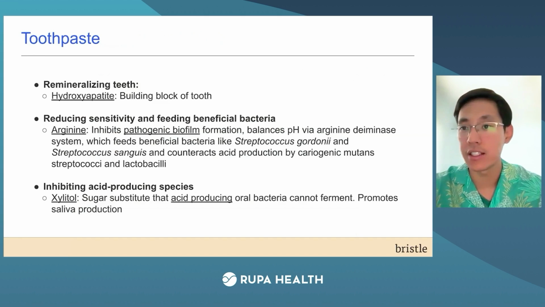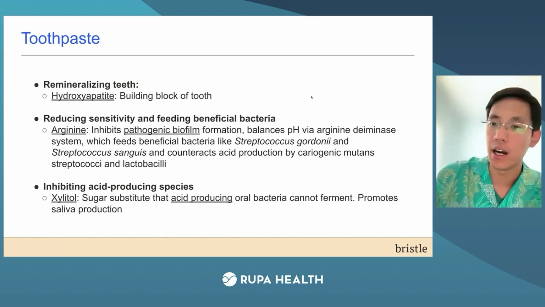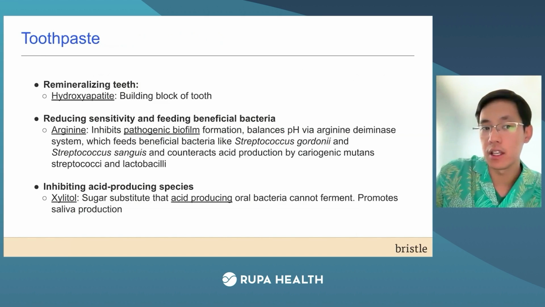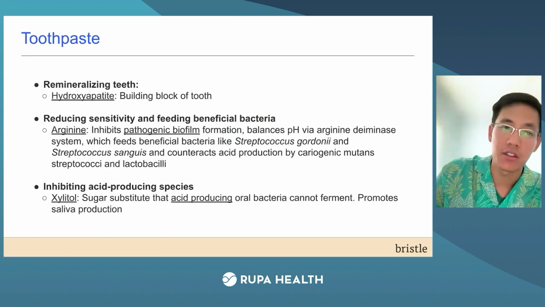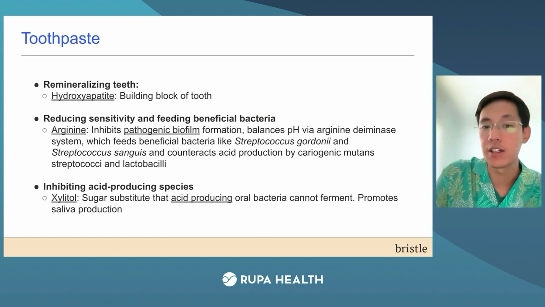And so just to get into some examples of the types of treatments that you can do and how you can optimize for your patients, with toothpaste, you can optimize by changing just the product. And so here are three things that you can use. It's hydroxyapatite, arginine, and xylitol.